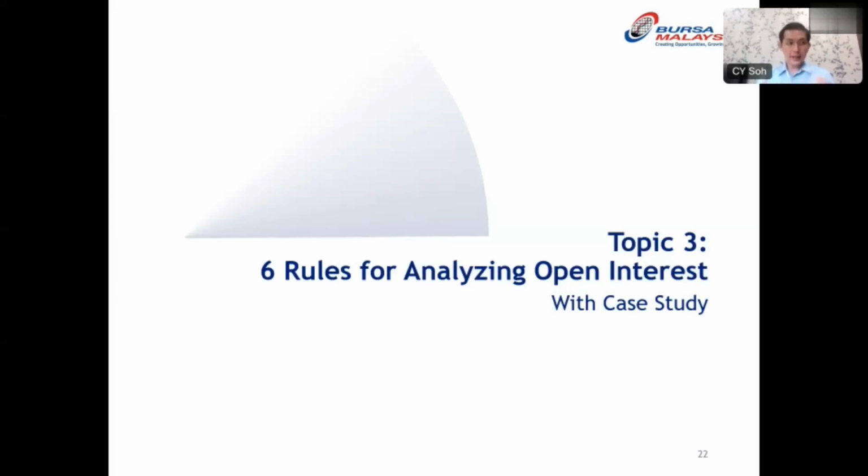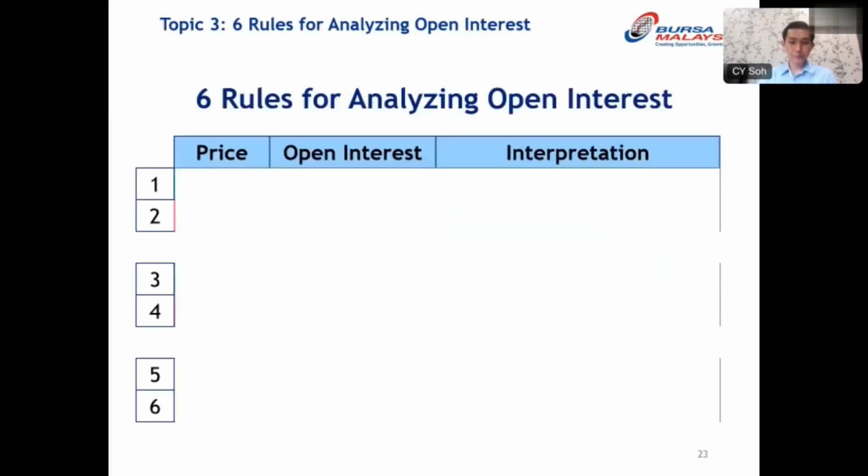And like any other technical indicator, there is no 100% accuracy in this, because remember, open interest is just another piece of information for you in trading, to be used as a secondary indicator. Open interest can give you a different outlook about the market trend.